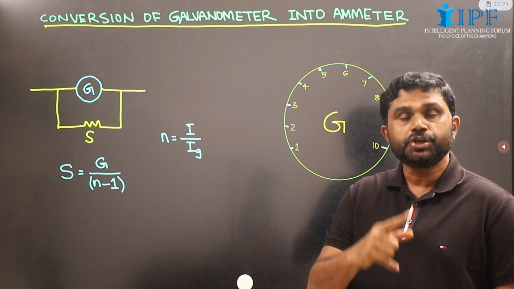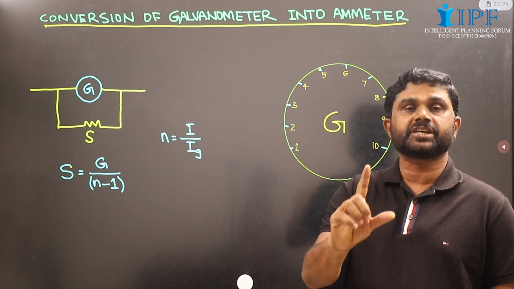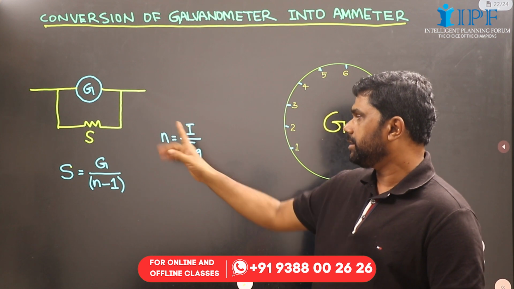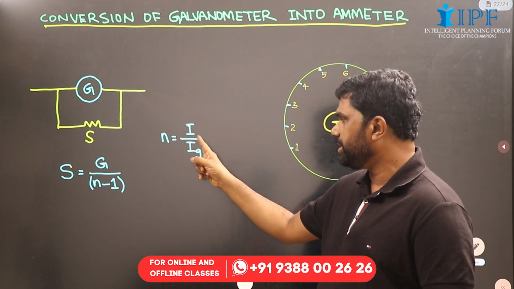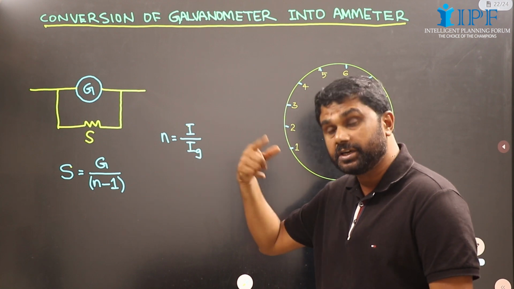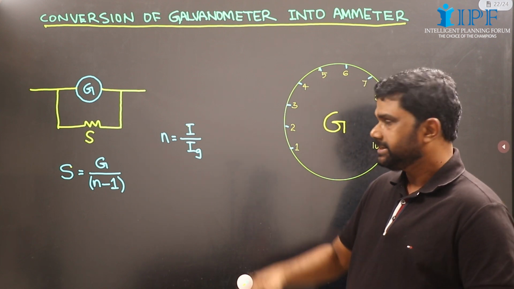Now suppose you want to convert it into an ammeter capable of measuring a maximum current capital I.